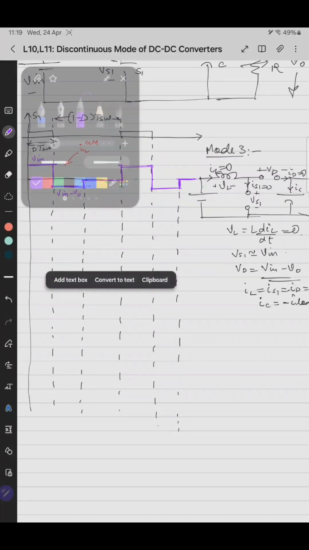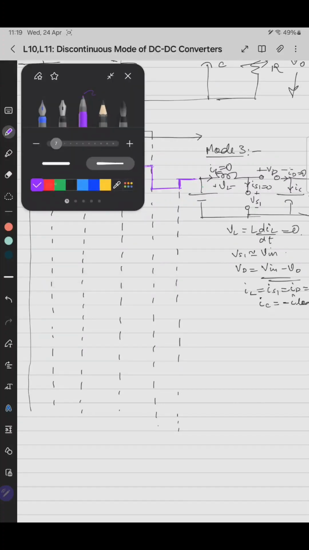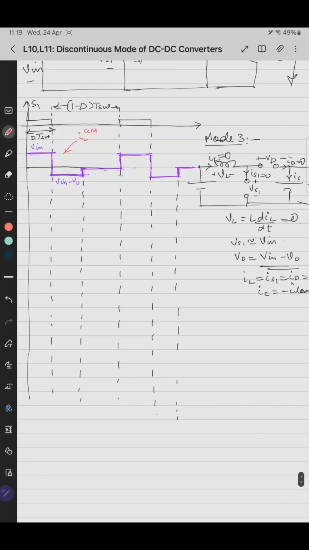Then I'll directly draw the waveform of the inductor current in DCM.